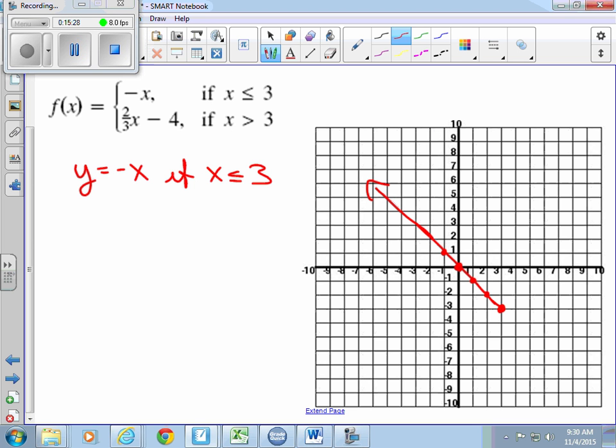So, on the right-hand side, I know that I can graph a line by doing the y-intercept and slope. But couldn't I also just graph a line by doing 2 points? Or doing a point and a slope? Right?